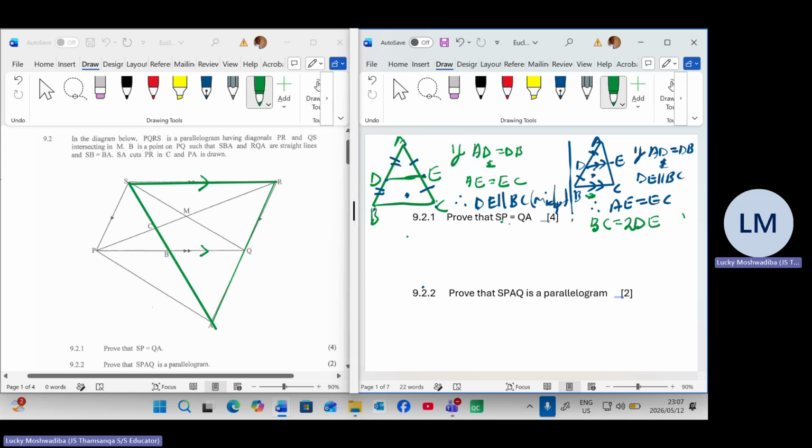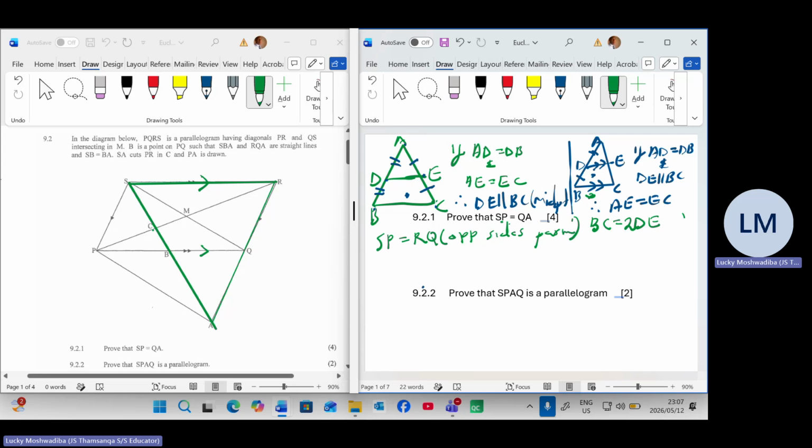Let me write that information I had written before. I had written that SP is equal to RQ, and then we said these are opposite sides of a parallelogram. The reason I was explaining this is that I want you to focus on the triangle that I highlighted.